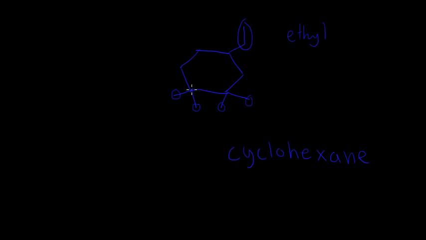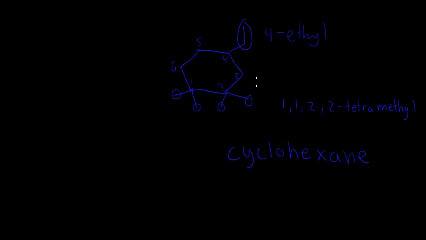So it's going to be 1, 1, 2, 2, and then tetramethyl. I'll write that 1, 1, 2, 2, and then tetra because there are 4, so tetramethyl. And then the ethyl, this being 1, 2, 3, and 4, the ethyl is going to be 4. So I'll go number these.